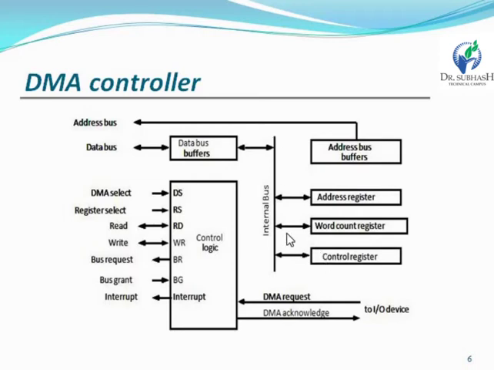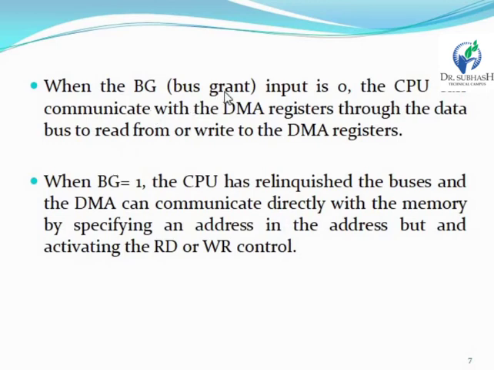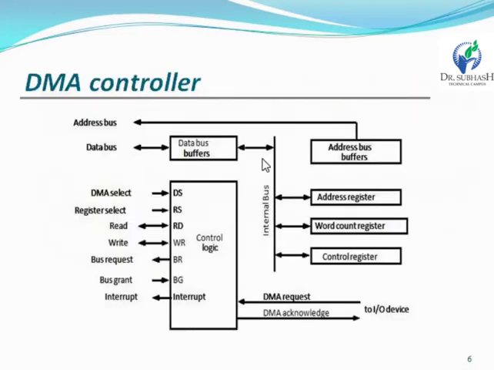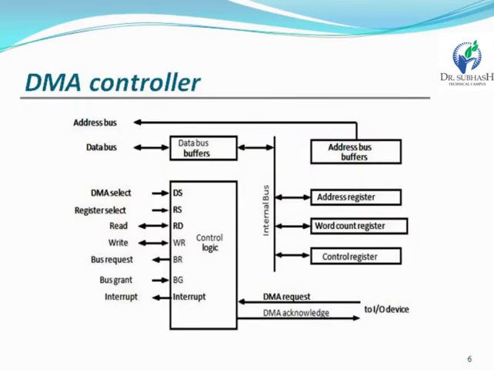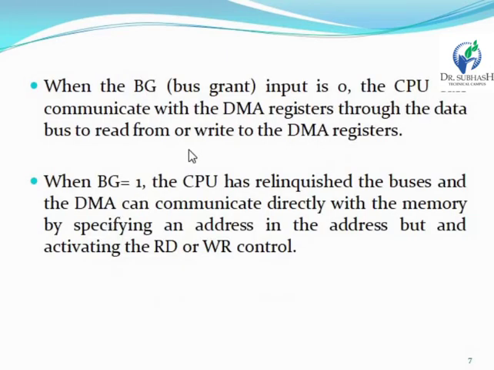Now the next point: when the bus grant input is 0, the CPU can communicate with the DMA registers through the data bus to perform read or write operations in the DMA. So in DMA, the bus request and bus grant signals are 0. If BG equals 0, at that time you can perform read and write operations in the DMA.